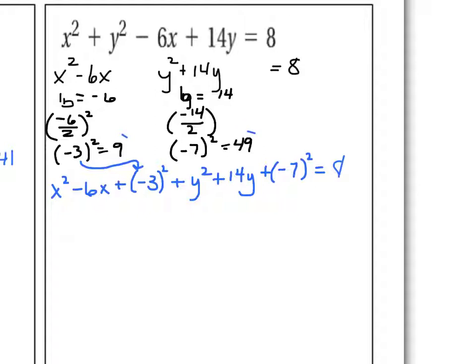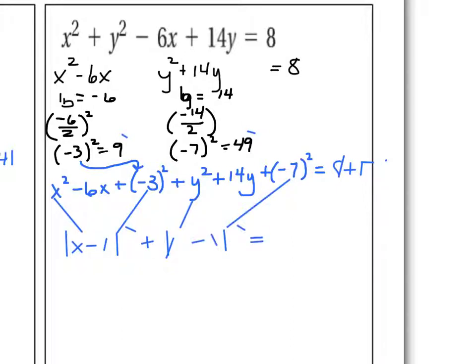That's a total of 58. I have to add it to the right side. Again, I've got to break this down. x goes here, negative 3 squared, plus y goes here, 7 squared, and it's going to equal 58 plus 8, which is 66.